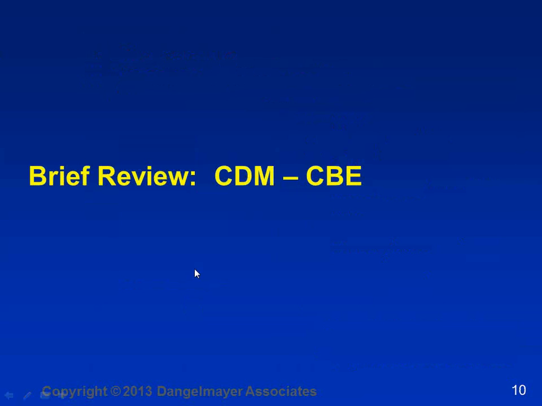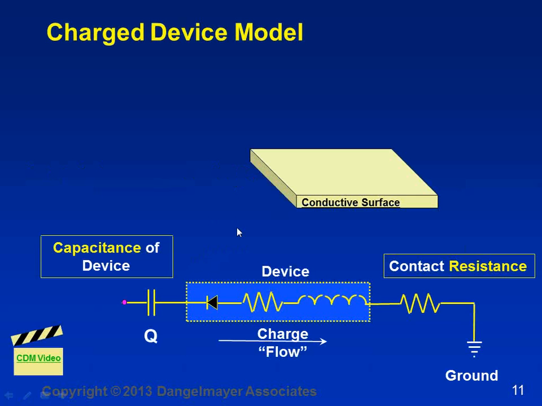Okay, here's a brief review of the charge device model and the charge board event. This slide, number 11, in a moment I'll show you the animated representation of the charge device model.